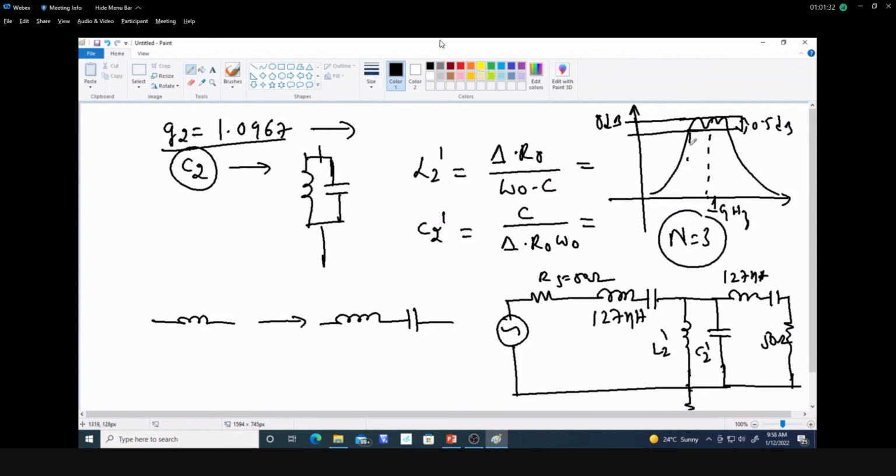At 3 dB down we have the bandwidth, which is 10% of this 1 gigahertz. 10% means 0.1, so 0.1 of 1 gigahertz means 100 megahertz. So we get 0.9 gigahertz lower edge and 1.1 gigahertz higher edge. That's how the response will be written.